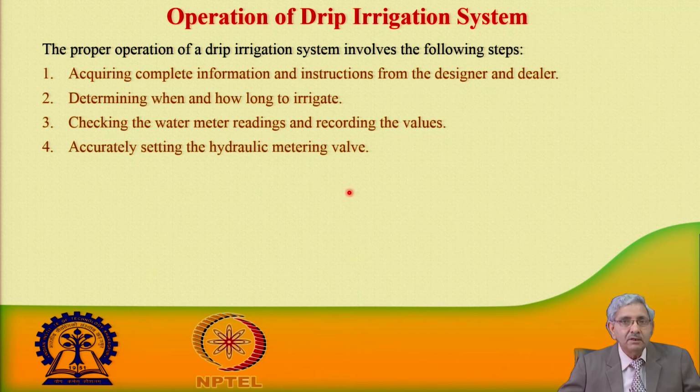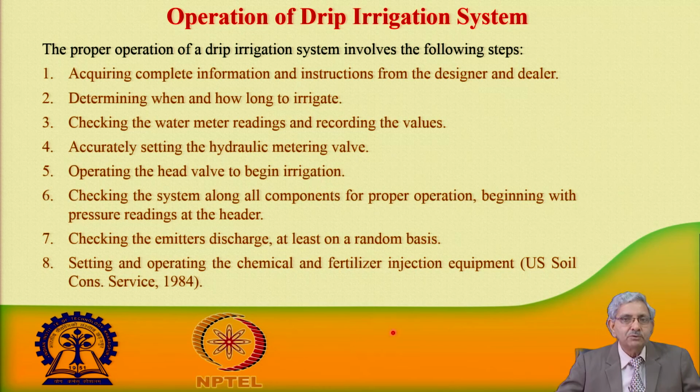One should check the water meter reading, record the values, and accurately set the hydraulic metering unit, so one knows the amount of water flowing. All those metering data one should have. Now, operate the head valve to begin irrigation, and check the system along all components for proper operation, beginning with the pressure gauge reading at the head end, and then find out how much discharge it is giving, at least on a random basis.